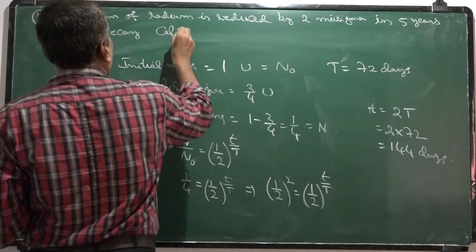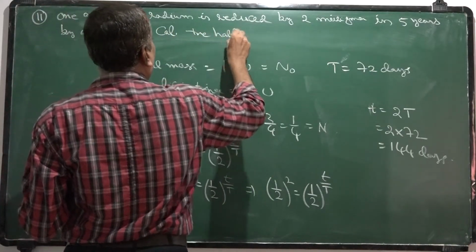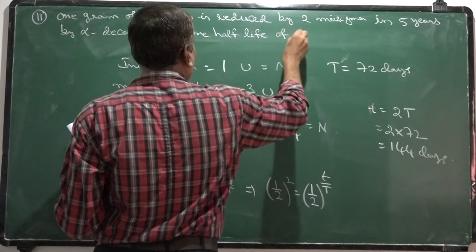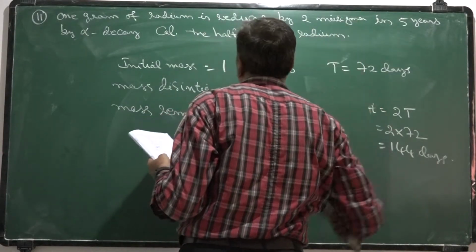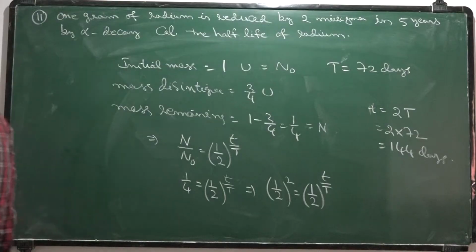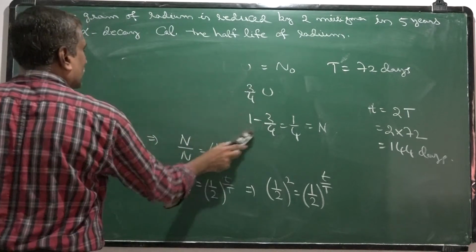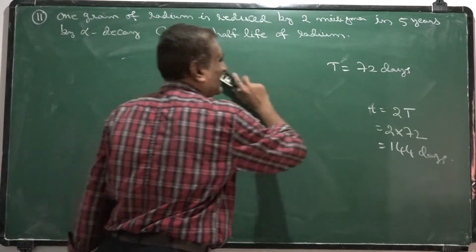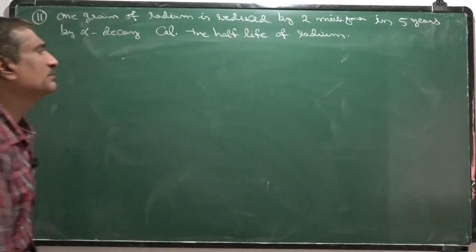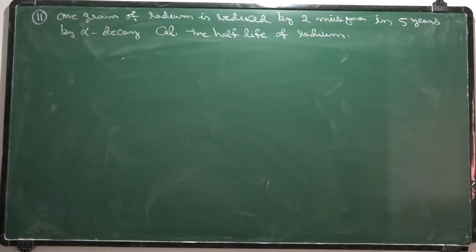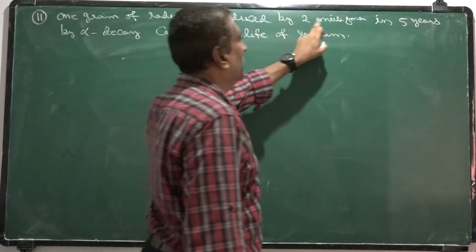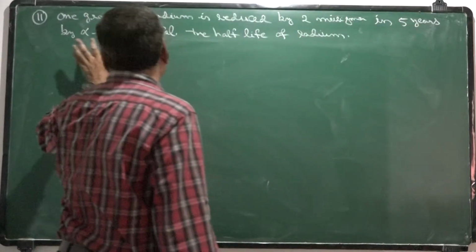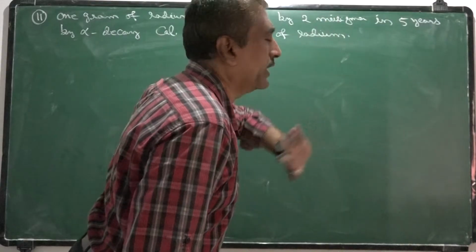Calculate the half-life of radium. Okay, here the problem is 1 gram of radium is reduced by 2 milligram in 5 years by alpha decay. Calculate the half-life of radium.